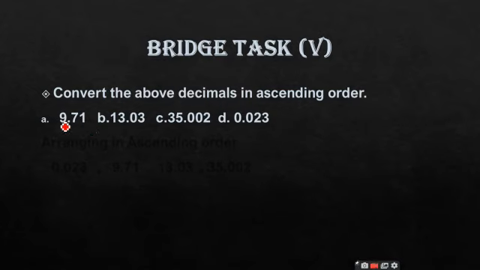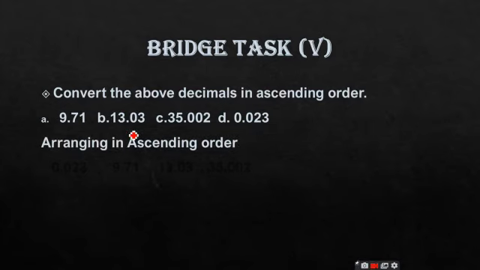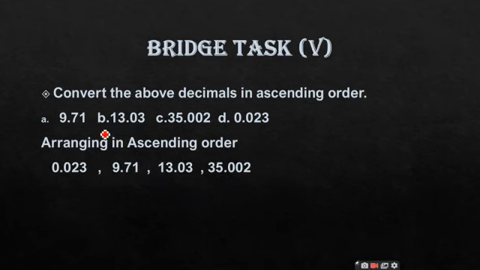So here we have to see the whole number, and all the whole numbers are different, so we can arrange the numbers by whole number. So for ascending order, first we have to write the smallest number. The smallest number is 0.0023. After that we have 9.71, then we have 13.03, and then in the last 35.002.